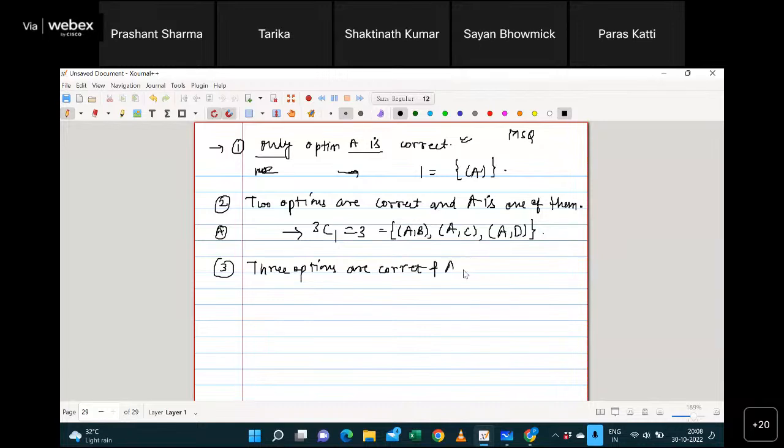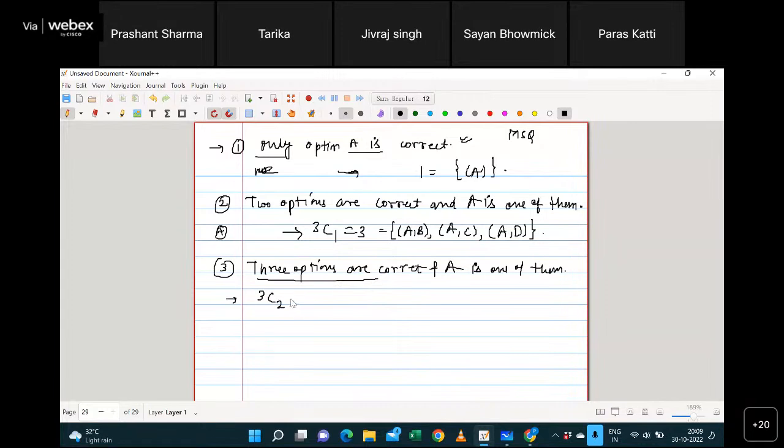And A is one of them. So what it will be? 3 choose 2, because A is one of them. We are saying 3 options are correct, A is already correct. Then we have to choose the remaining 2 out of remaining 3.